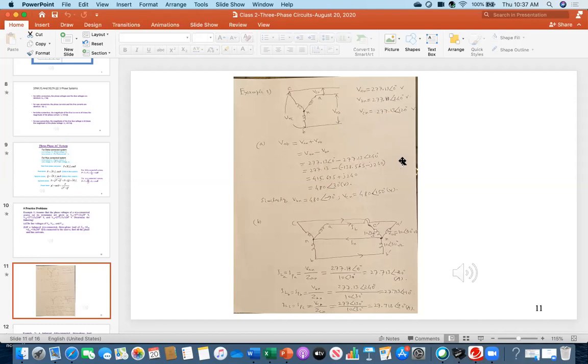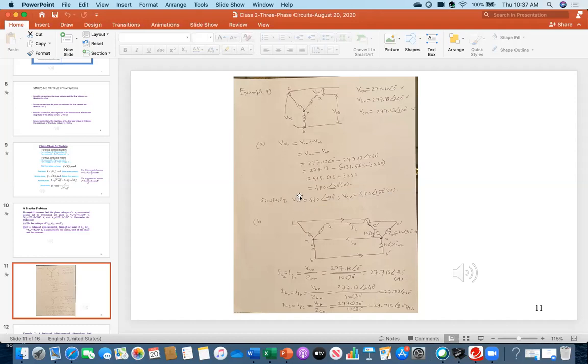Yes. Okay, great. And then I was telling her that there is a mistake here. I wrote similarly VAN, VCN. No, it should be VBC and it should be VCA. Possible for you to zoom in a little? It's very small. Okay, actually I will correct this one because I wrote it by pen.